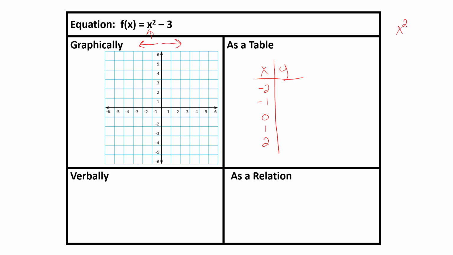So x squared minus 3. So let's plug in our first term. -2 squared minus 3. Well, -2 times -2, that is 4. Minus 3, that's 1. -1 squared minus 3. -1 squared, that's 1. Minus 3 is -2.